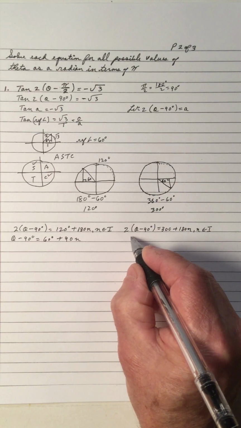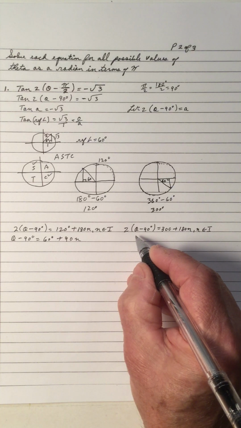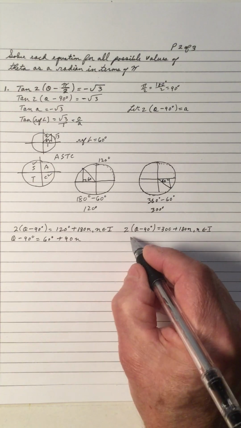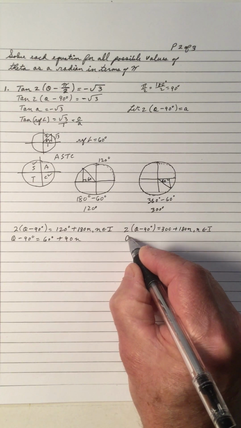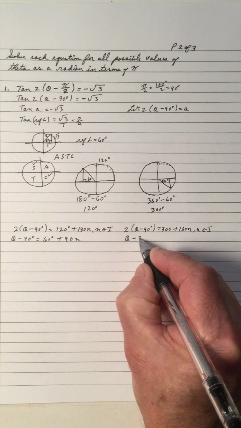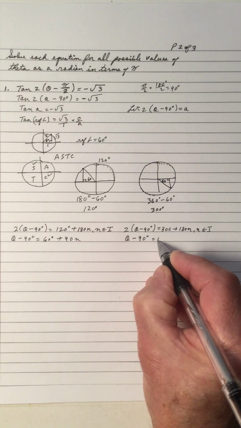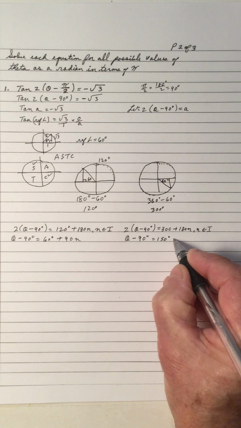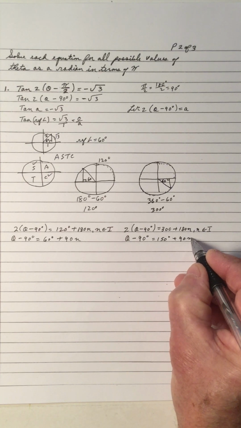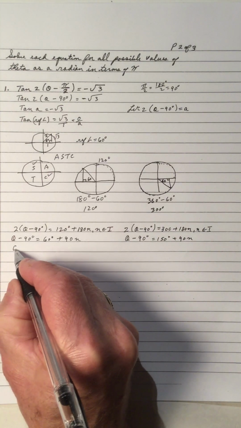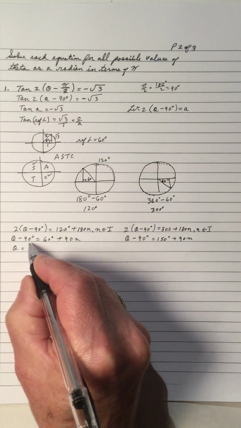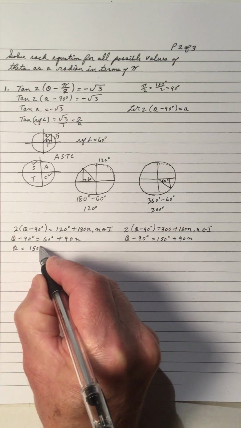Dividing both by 2, now we add the 90 on. So 60 plus 90 is 150.